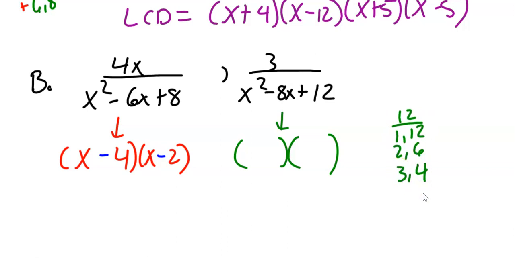The only way you can get 8 is it's going to have to be 2 and 6. And same basic setup on that one, because the b term is negative, the bigger number has to be negative, and if you divide a positive by a negative, it does make that one a negative.